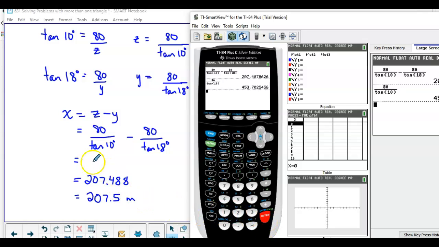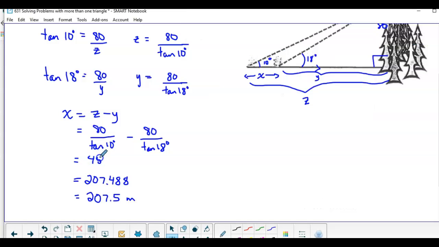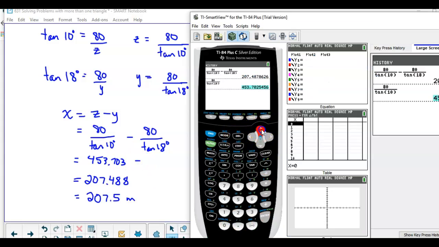Enter, and that's 453.703. And then the other part, again, I could copy that out, delete everything to the left, and then enter on that, 246.215.